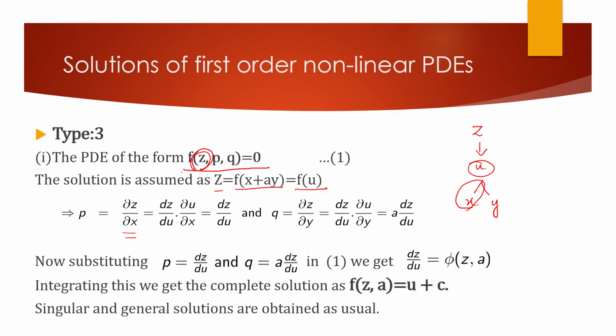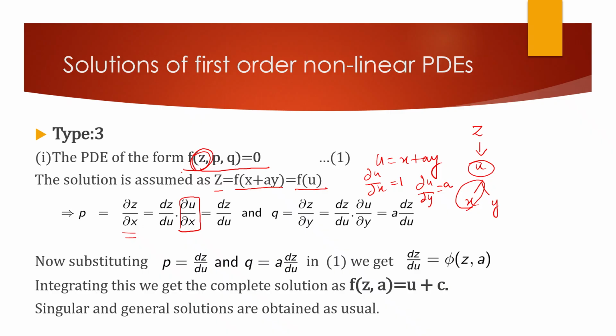Since u is x plus ay, dou u by dou x is 1 and dou u by dou y is a. So dou z by dou x is nothing but dz by du.